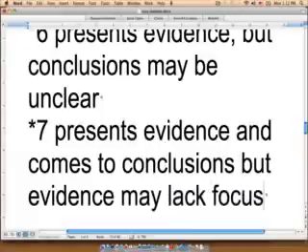And that's the key thing here that would distinguish this from a higher band, like a band 8. So a band 7 student would be providing an example, and perhaps the conclusion would be clear. So there is a relevant link between these two things. But the problem is that perhaps the evidence is not particularly focused.